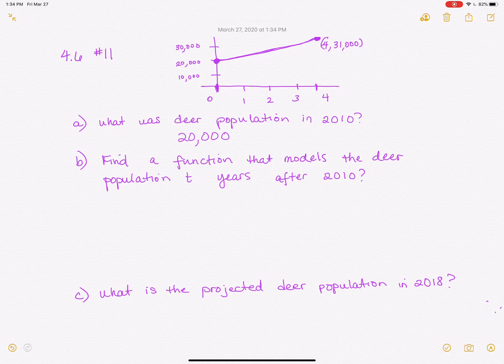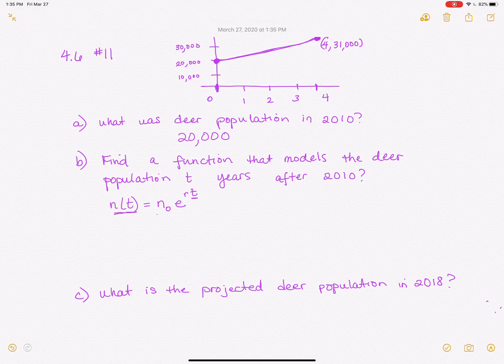Now remember that this relative growth rate is the growth rate after t years equals our initial population, and then we've got a relative growth rate r times t. So if I'm going to find a function, I'm going to leave it in terms of t because that's what it's asking for. So I'm going to leave n of t, I'm going to leave t in my model.